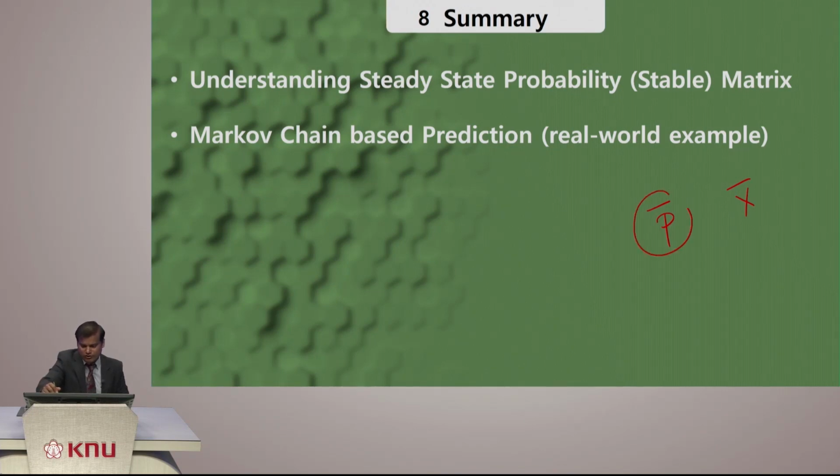So we talked about the stability of matrix, both forms, B bar and X bar, and how it can be attained. And we also talked about the power of the matrices. And we talked also about how we can predict various things, including weather prediction and market prediction.